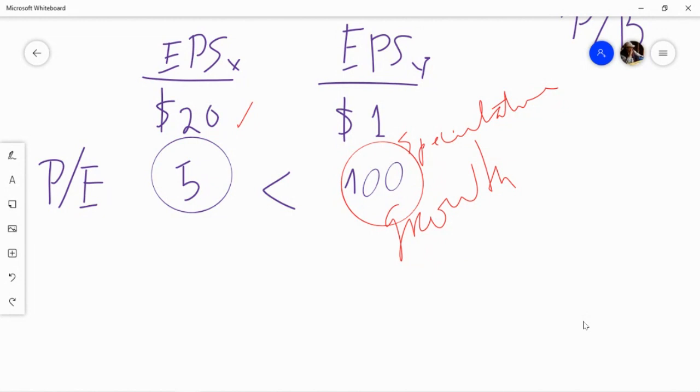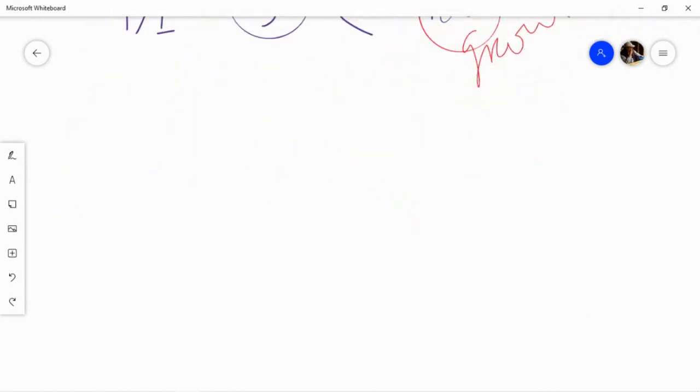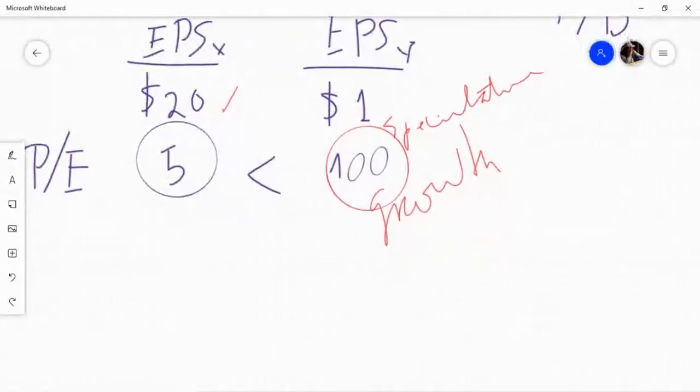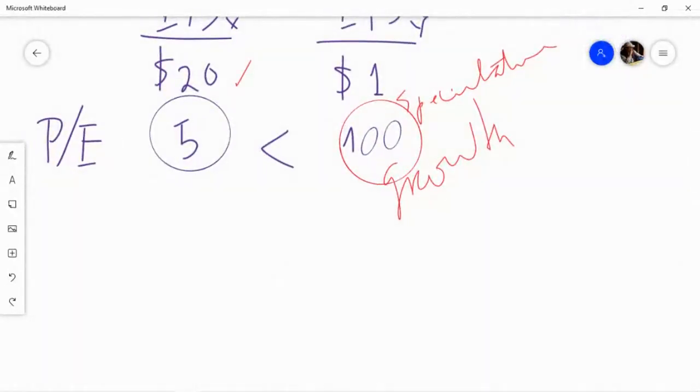So the proponents of low price earnings ratio, it's obvious. We understand. It's very logical, right? Because dollar for dollar, pound per pound, the higher earnings make sense, right?